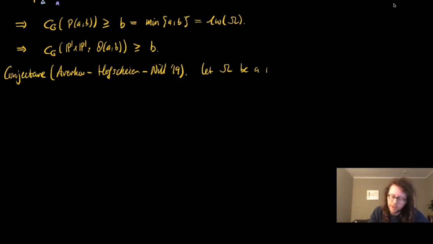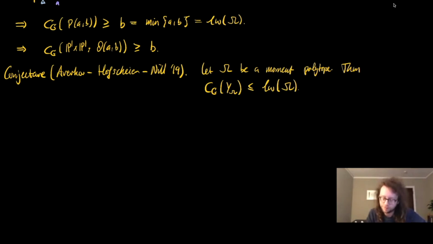Let omega be a moment polytope. Then the Gromov width of the toric variety Y omega is less than or equal to the lattice width of omega.